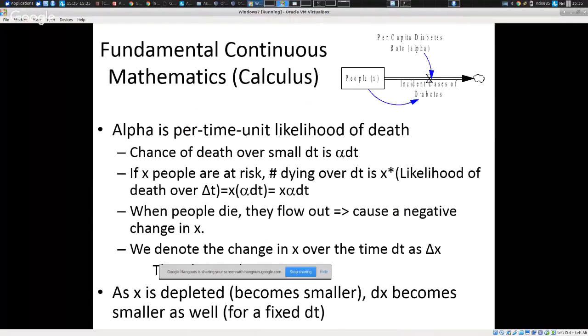So here's X people at risk. If you're talking about a single person, the chance of dying over a small dt is alpha times dt.